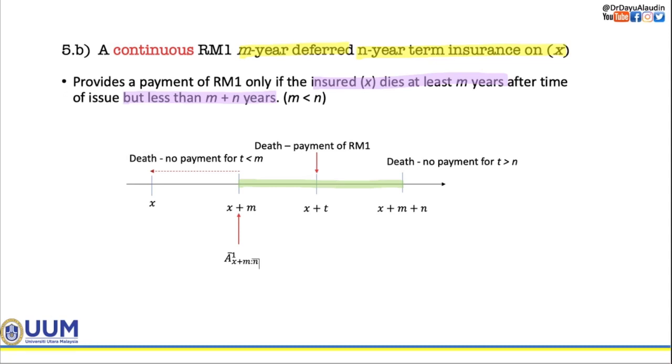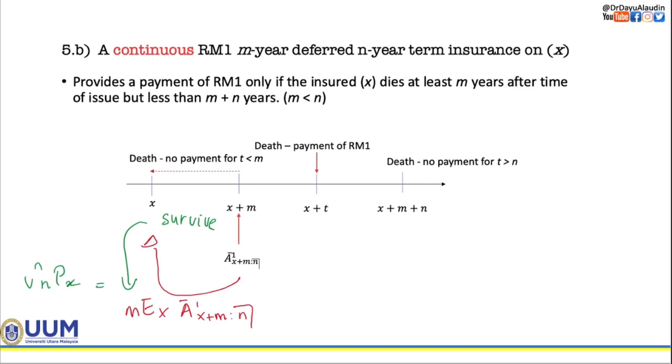So if death happened before M years, no payment will be made. And if death happened after M plus N years, no payment will be made as well. So the death must happen in between M to M plus N to get the payment of 1 ringgit.